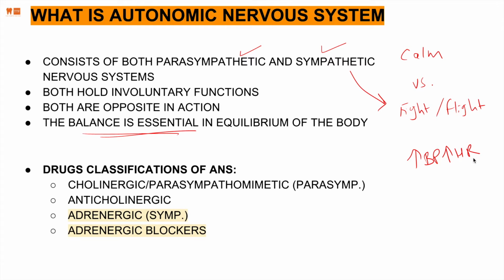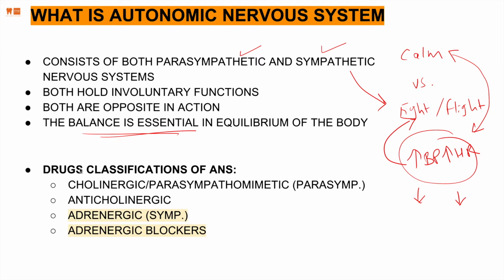That's not great, right? So when this happens, our body detects it and the parasympathetic nervous system kicks in. And vice versa, when our blood pressure and heart rate are really low, the body kicks in the sympathetic nervous system and it fights that scenario. So they're both involuntary, both are opposite in action, however, still under the umbrella of the autonomic nervous system. So that concept must be very clear, guys.